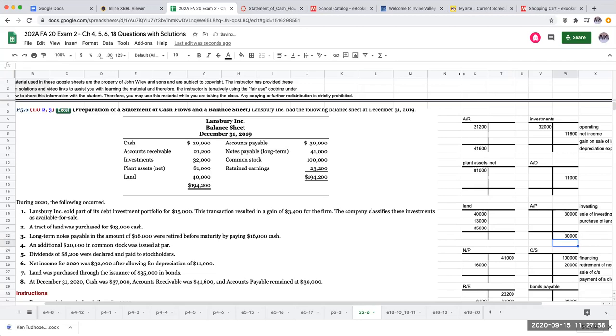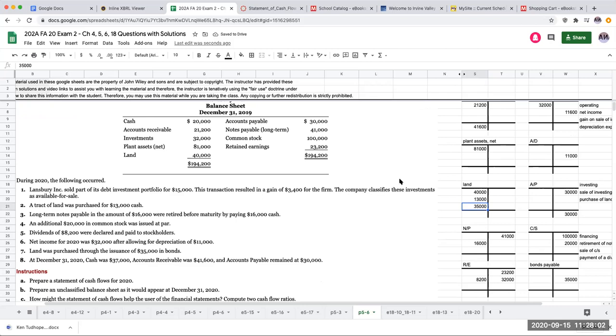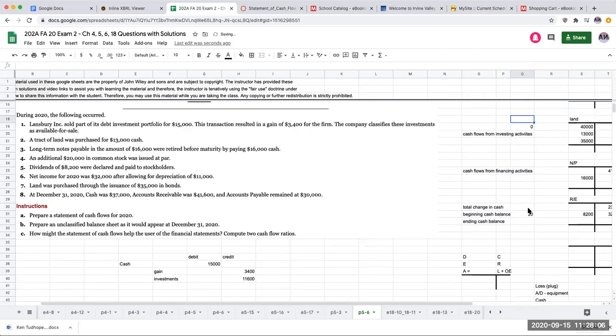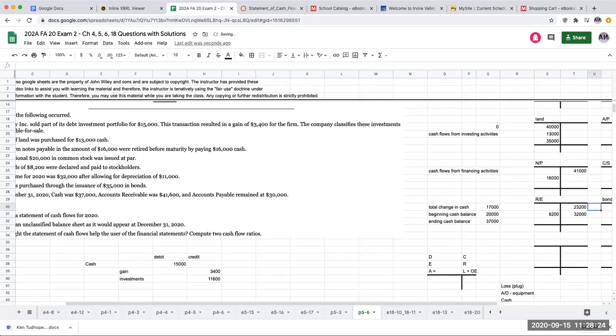As I go through and do this, I prepare a statement of cash flows. This will be a way we can check our work. My ending cash balance was $37,000. My total change in cash, plus my beginning cash, gives me 37, so it's going to be 17,000.